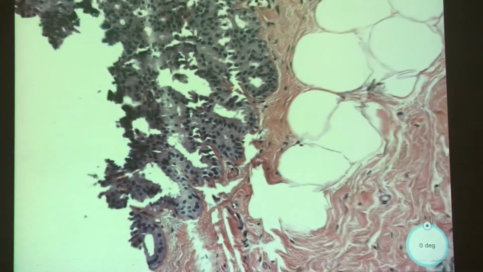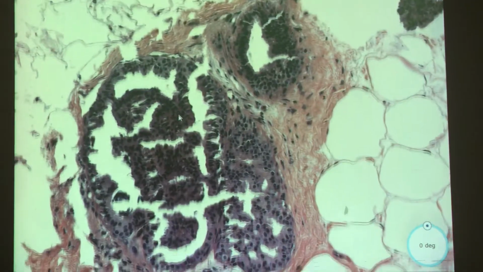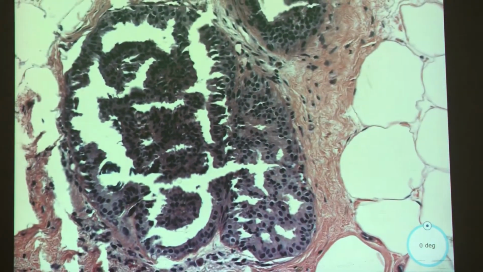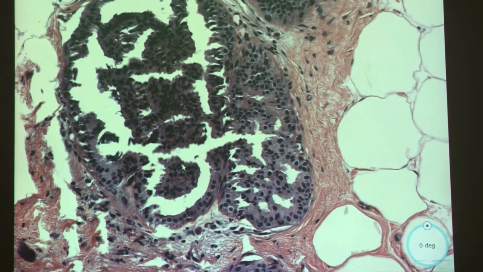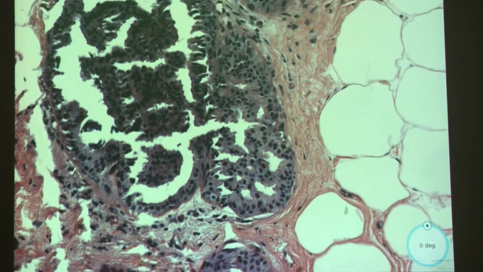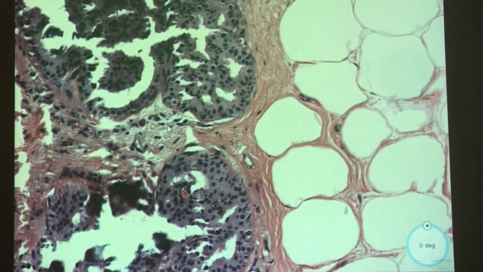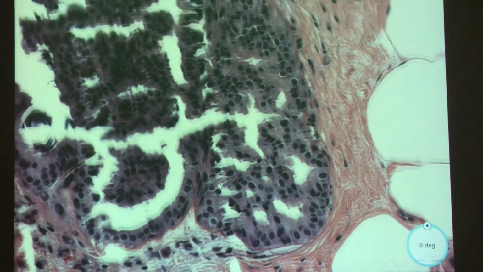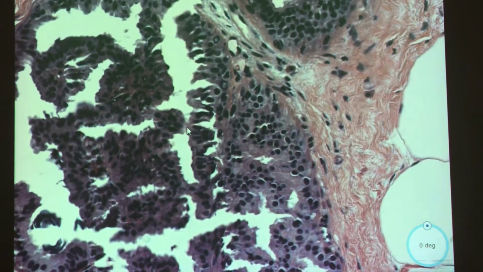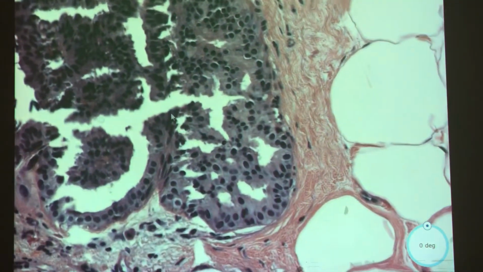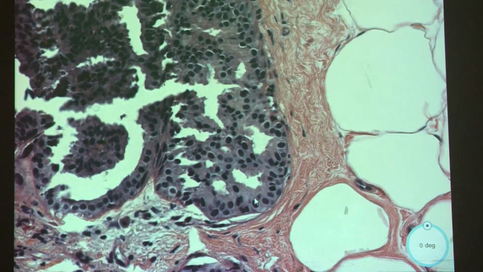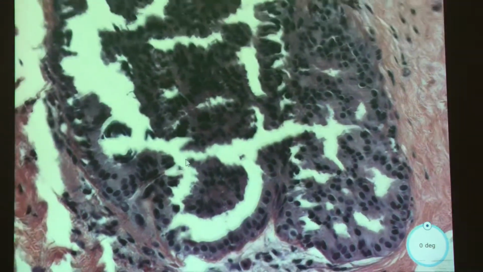So first off, there's this sort of proliferation inside these ducts. They're kind of bridging across. Don't really see a fibrovascular core at these levels. At least they're not apparent here. The cells themselves are relatively... are they similar, dissimilar? I would say they're more similar than dissimilar on this one.